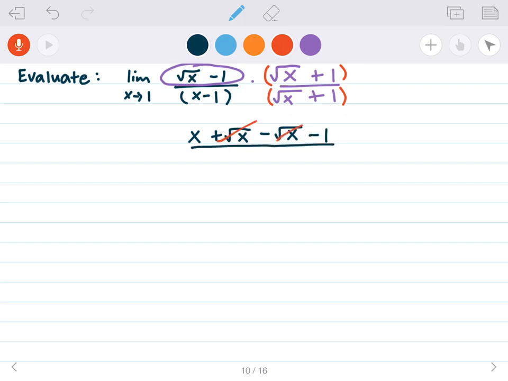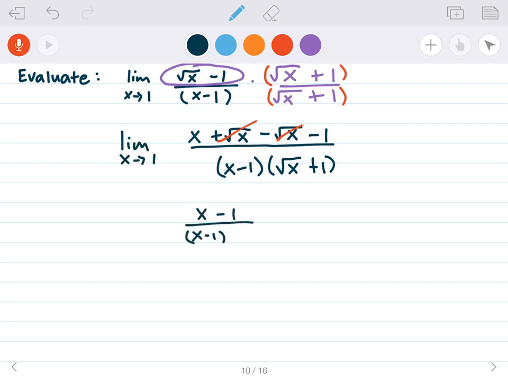Okay, and on the bottom, I'm not going to do anything quite yet because I'm going to see if I can cancel out any factors. And it turns out I can because, let's see. On top, I get x minus 1. On bottom, I have x minus 1 times root x plus 1.